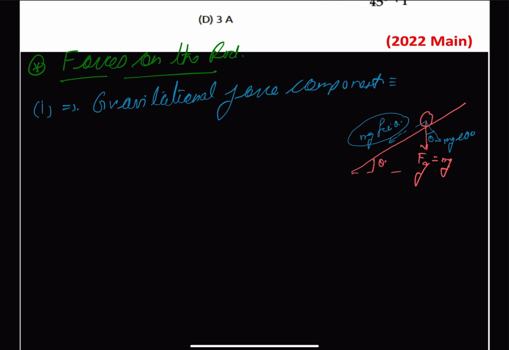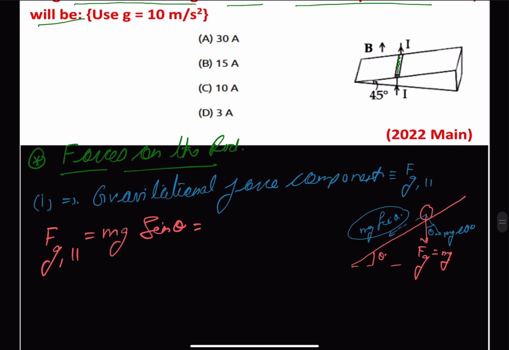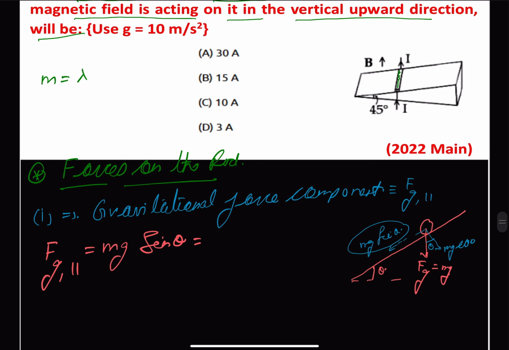Okay. So the gravitational force component, we can call this Fg, the parallel component to the inclined plane. Okay. And this Fg parallel component will be equal to mg sine of theta. We need to find out the mass, and mass will be equal to the linear density multiplied by length.